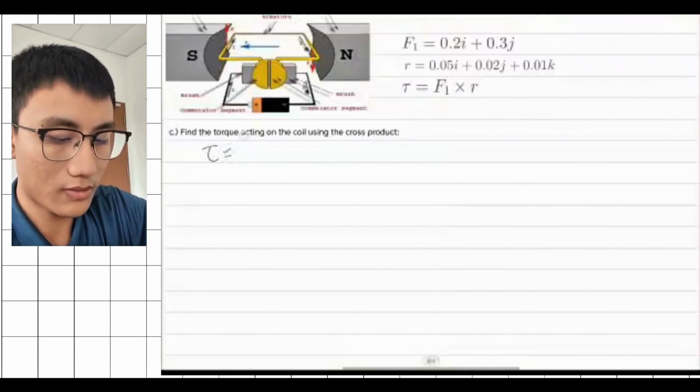For j, we will get 0.02, 0.3, and lastly for k, 0.01 and 0.